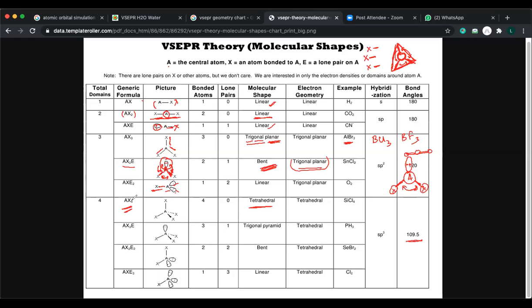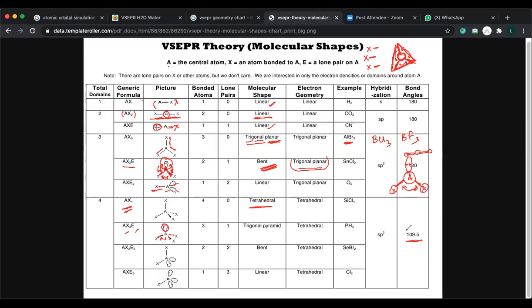Out of four, if you have three bond pairs and one lone pair, like in ammonia, the lone pair will occupy one position in the tetrahedron and the remaining three are going to be bond pairs. Now, what do you think will happen to the angle between the bond pairs? Will it be 109.5 degrees?